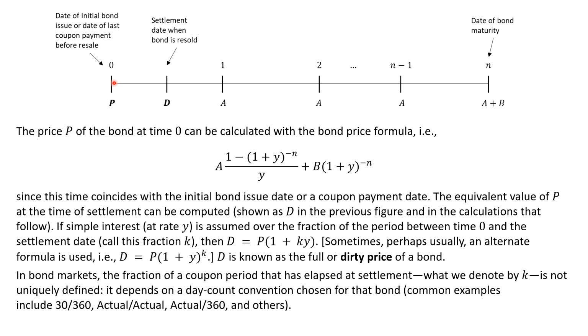You just take the actual length of the coupon period, and then you divide that into how many days have transpired, and that would be the most natural. And I assume if computers existed when bonds were first sold, that's all that would be used.